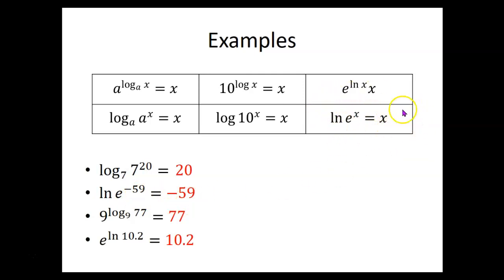That's this one right here. 9 to the log base 9 of 77 is 77. That's this one right here. e to the ln of 10.2 is 10.2. That's this one right here that I forgot to put the equal sign in.